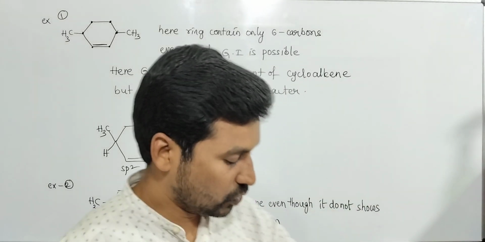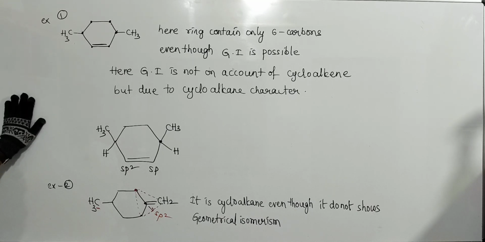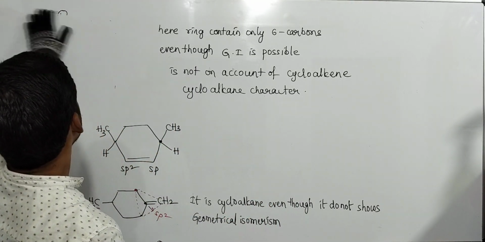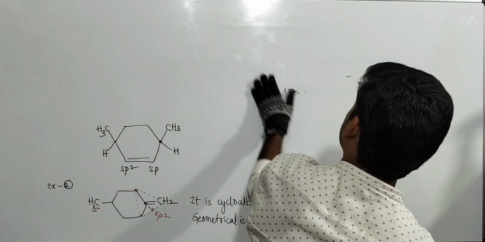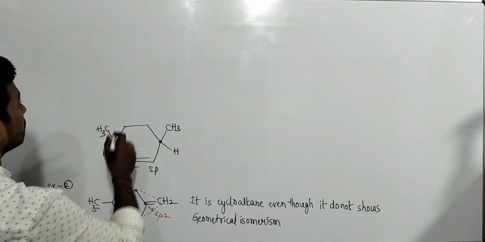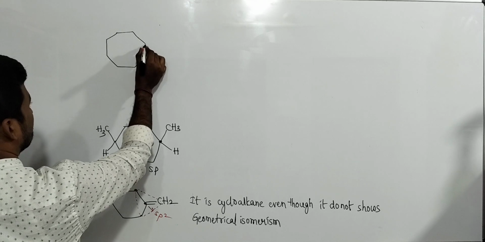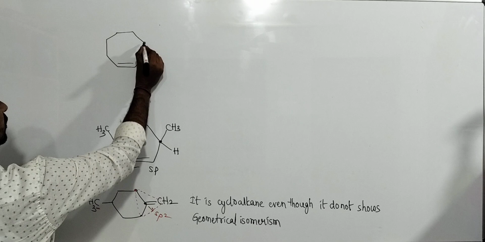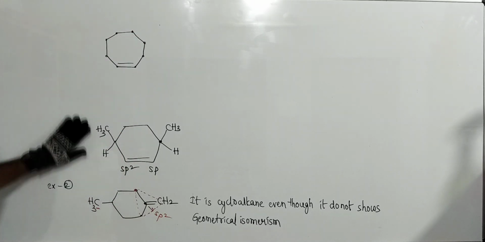Next, geometrical isomerism. Take this one, example 3, the last example. We have 2 more examples, but for this one, is geometrical isomerism possible or not? Possible, yes. 1, 2, 3, 4, 5, 6, 7, 8.